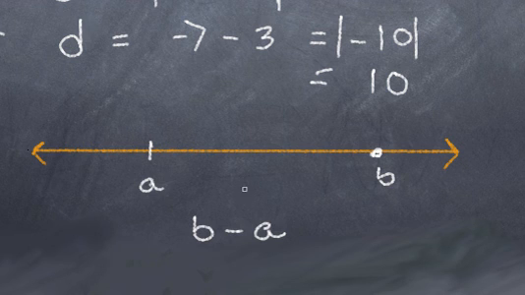And basically this is the directed distance from A to B, the directed distance from A to B.